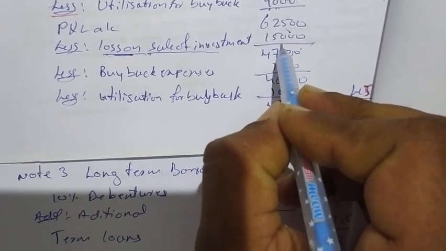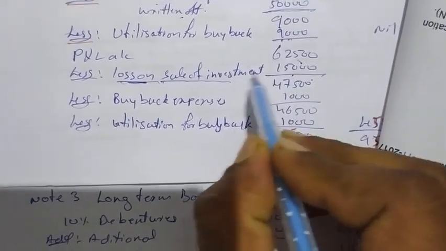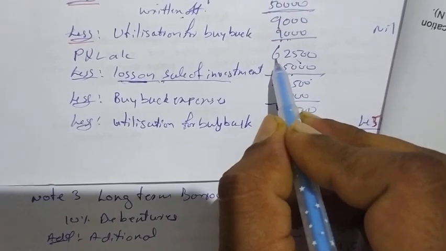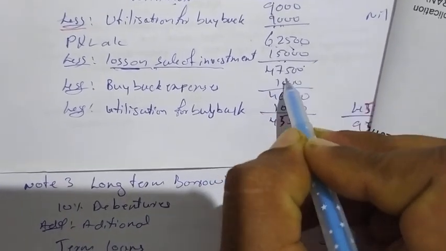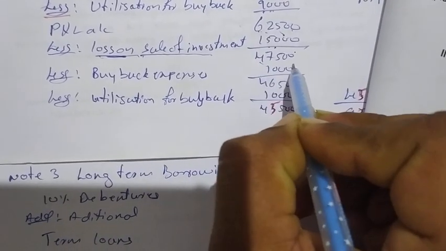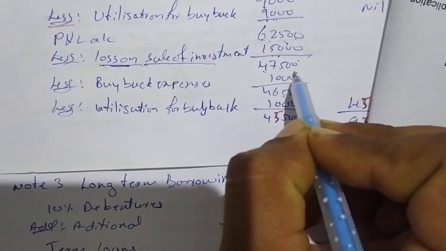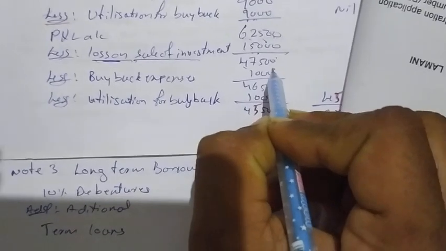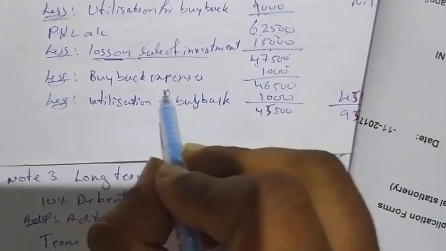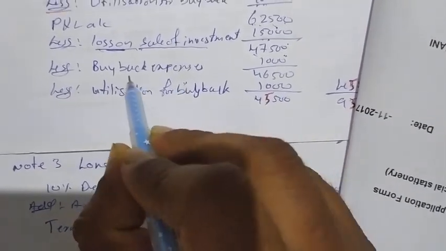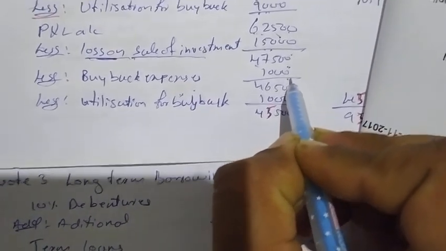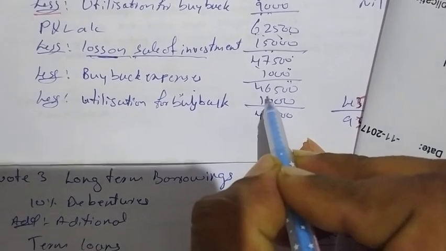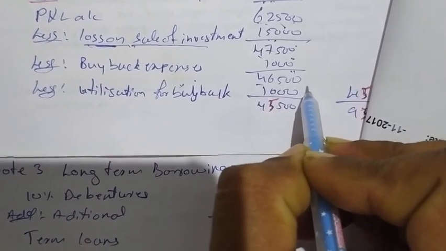So 15,000 loss was there. Deduct that from the P&L account. After deducting 15,000 from 62,500, the balance left is 47,500. From this again we have to deduct one more item, that is expenses paid for buyback of shares. That is buyback expenses 1,000 rupees. After deducting this 1,000, the balance left is 46,500.